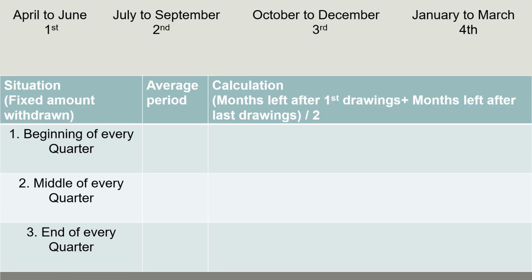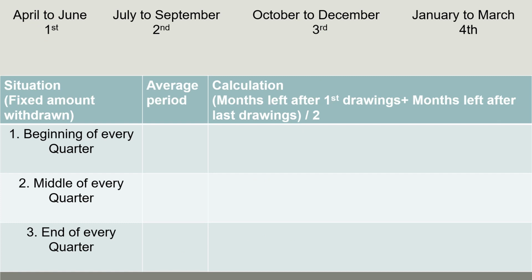Suppose the partner is withdrawing every quarter, not every month but every quarter, and that also it can be withdrawn at the beginning of every quarter, middle of every quarter, or end of every quarter. So in all these three situations, we will learn how to calculate the average period.